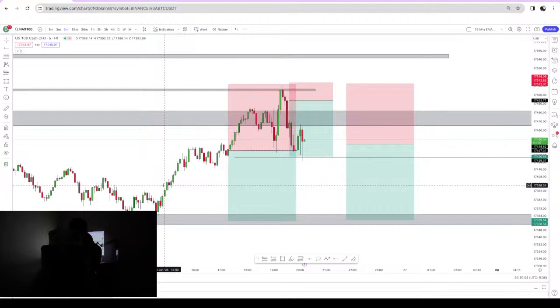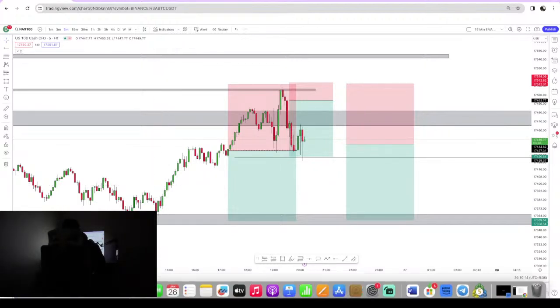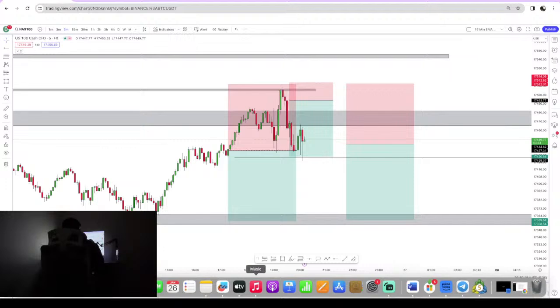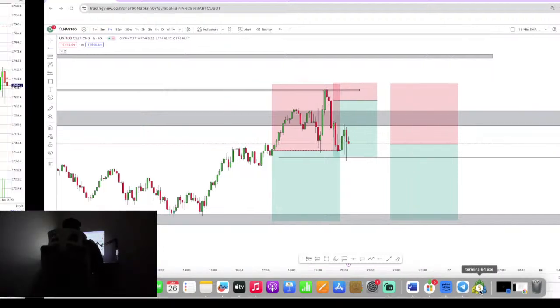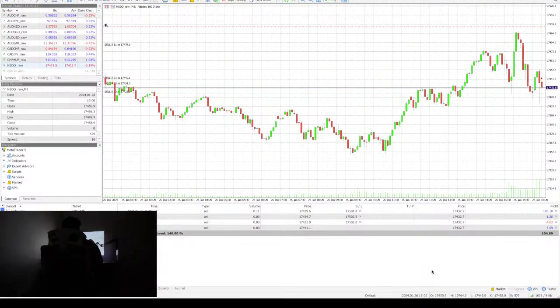I am adding 0.03 lot size more. Added. I have added 0.03 more.